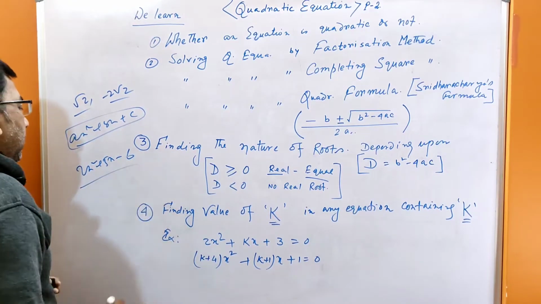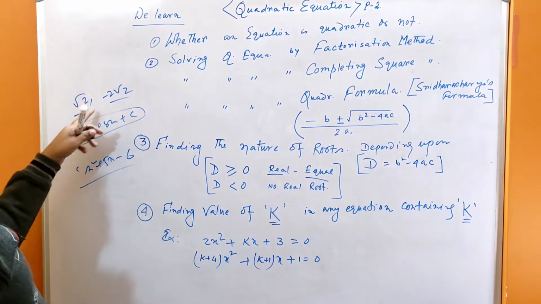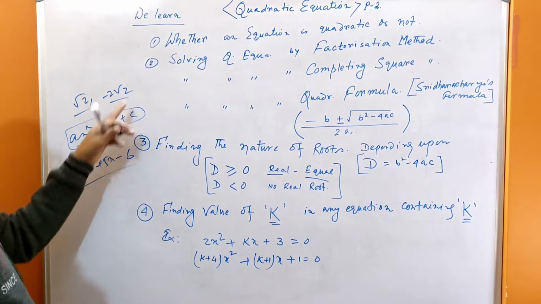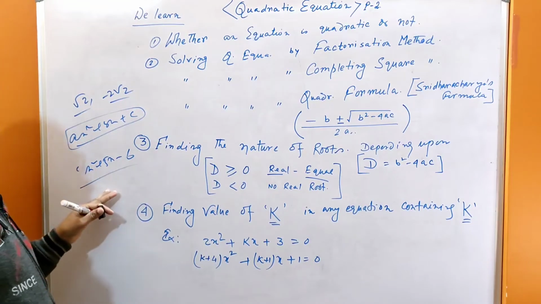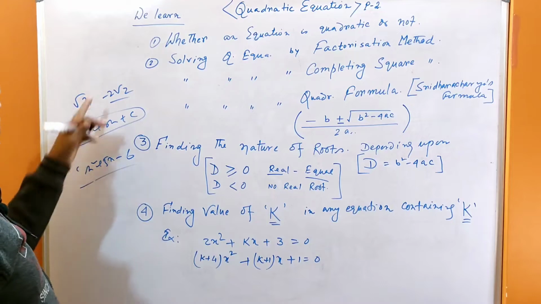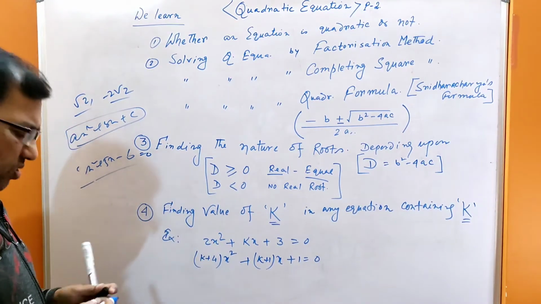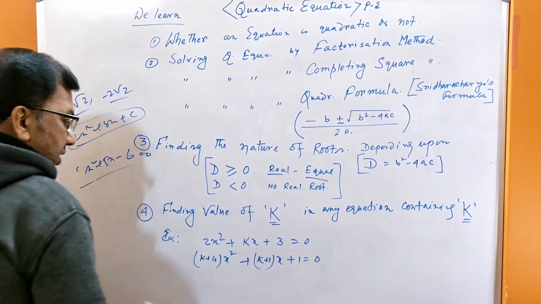You have to prove whether root 2 is a root of this or not. Just place the value of this, then place the value of the other, and if it comes 0, they are the roots. This is very easy, so I have not discussed it over there.